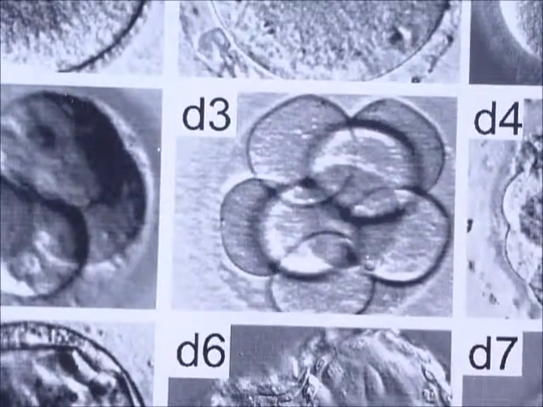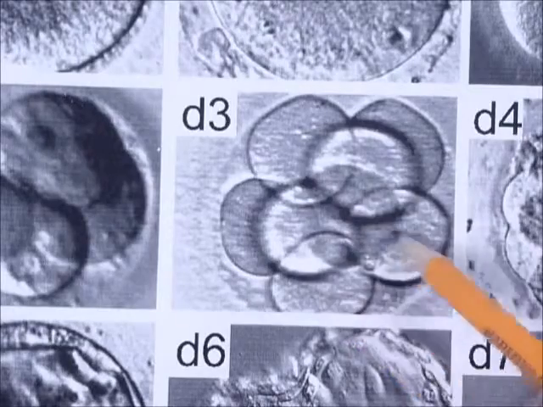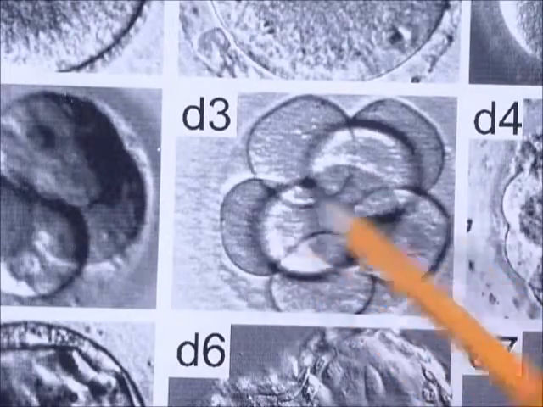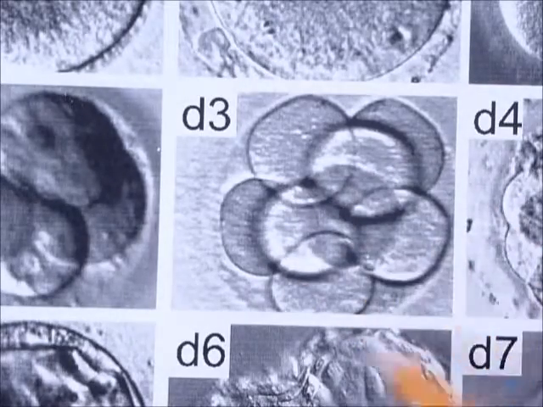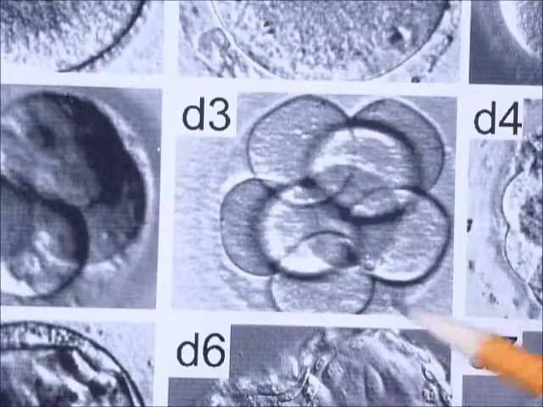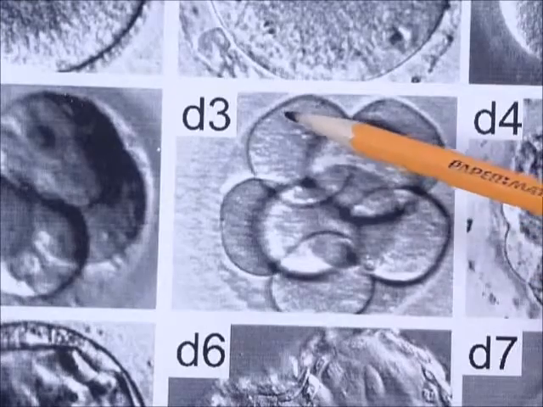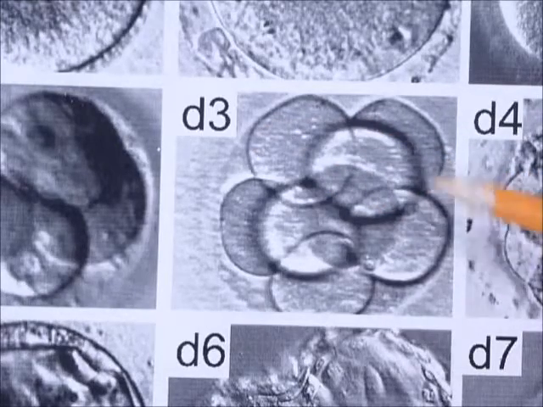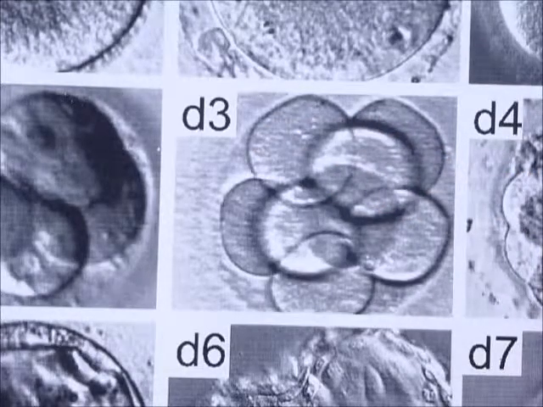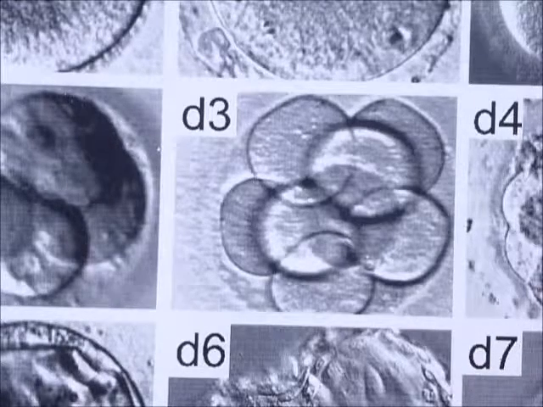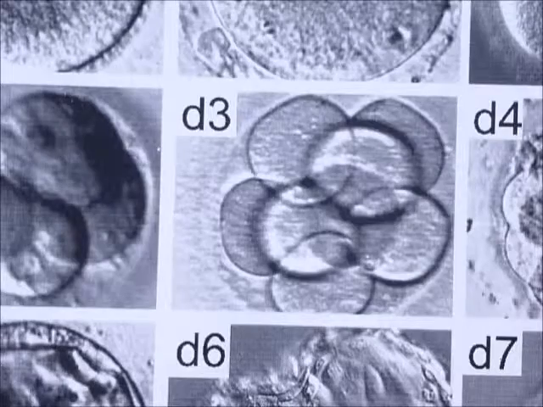And then here is, let's see, 1, 2, 3, 4, 5, 6, 7, and then this fuzzy one is 8 behind it. So again, we are looking through a layer of cells, and I'm not sure whether this one is on top or this one. The thing about looking under a microscope at something 3D is that you can only focus on one layer.